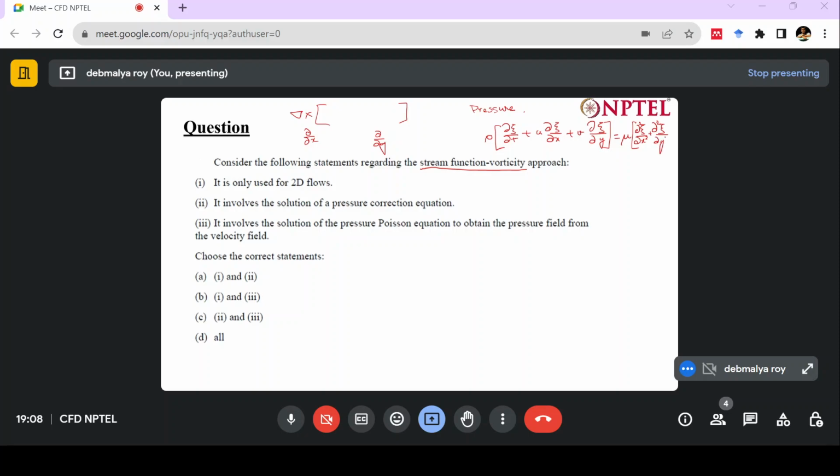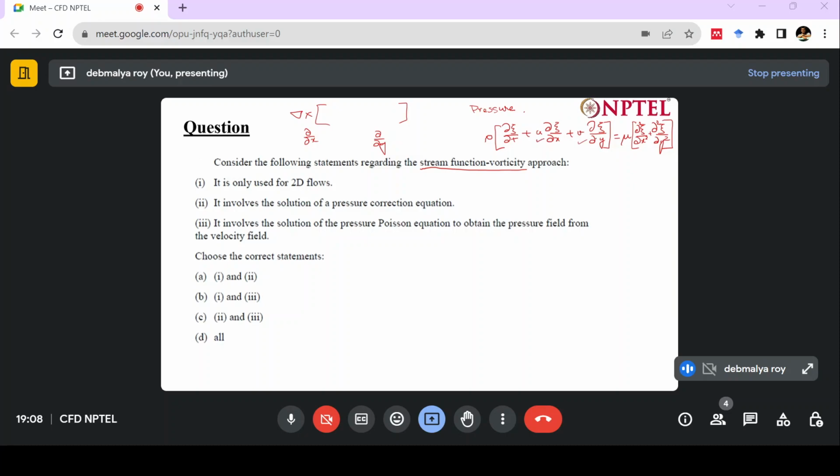Zeta is vorticity, and you can see the diffusion coefficient is still your viscosity here. If you consider this to be a transport equation, here no pressure term is there. That was our main objective. So this can be solved very easily. We can find out the vorticity given a guess value for the velocities.